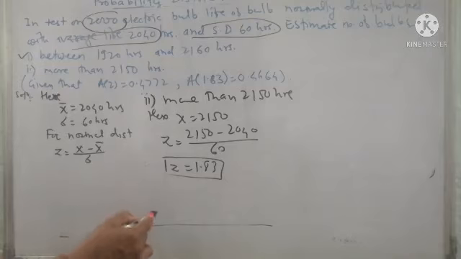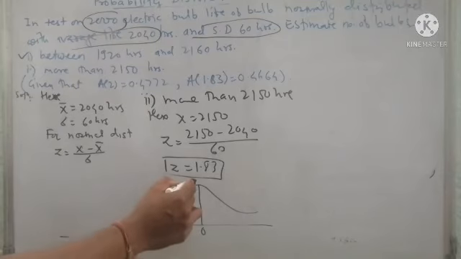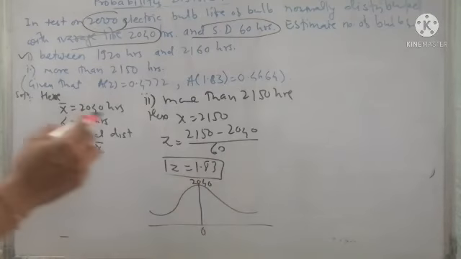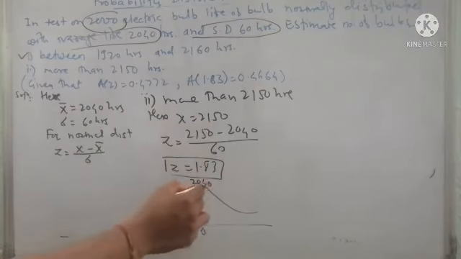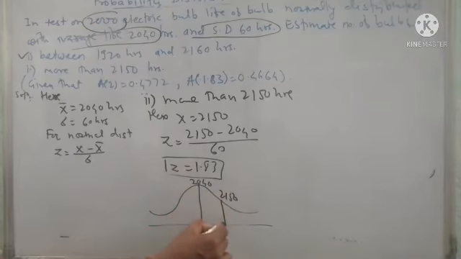Now we represent this z on a normal graph. We know the maximum height on the curve is the mean, 2040. As x is 2150, which is more than the average, we take it on the right hand side. By putting a perpendicular we get the point z equal to 1.83.